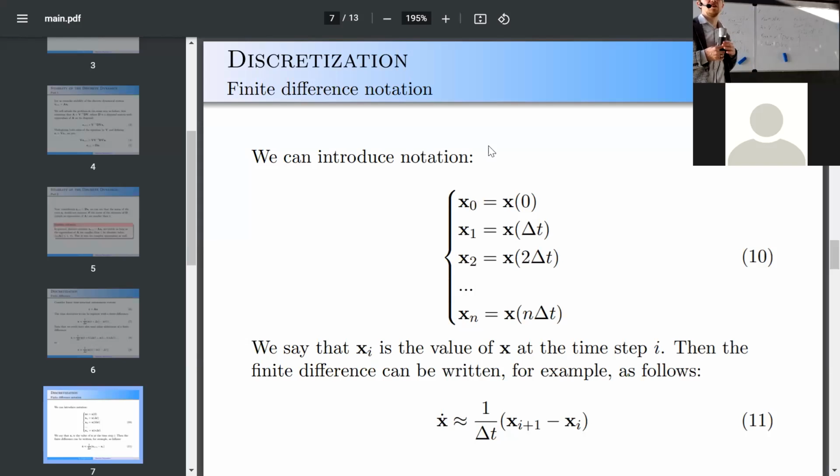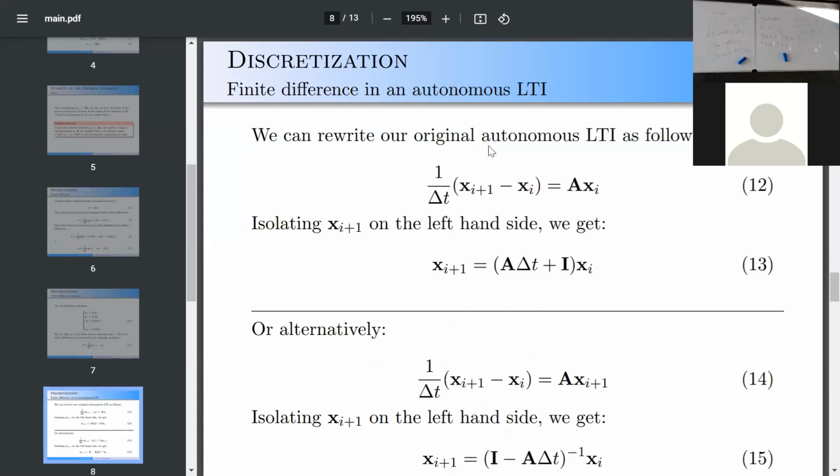So basically, instead of saying you have a state as a function of t, you have a state as a function of the number, like state number 1, state number 2. Okay, that's all you need to do. And then you use this to get rid of your derivatives, and you get your discretization. So that is pretty much it.